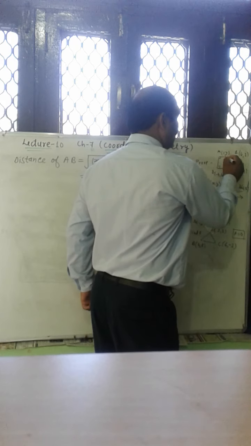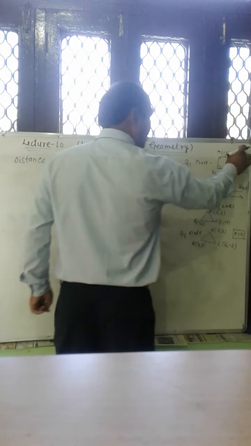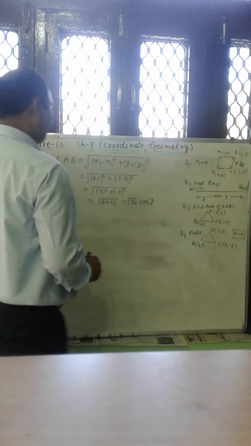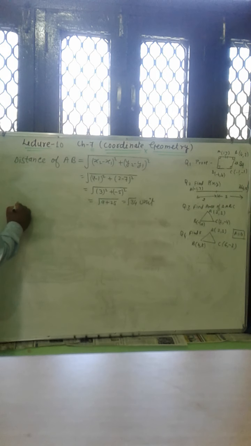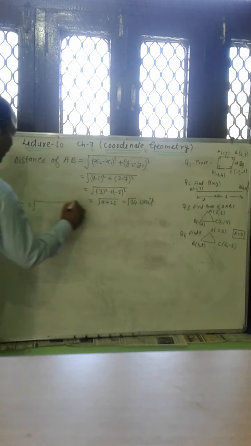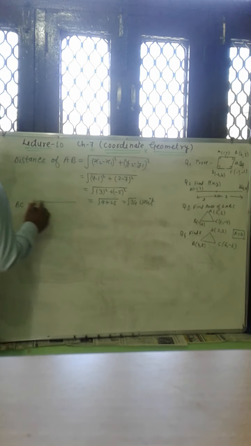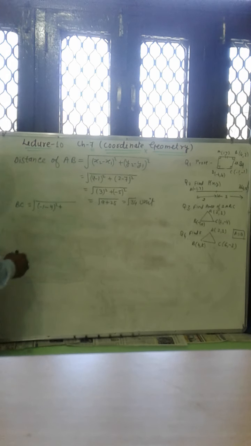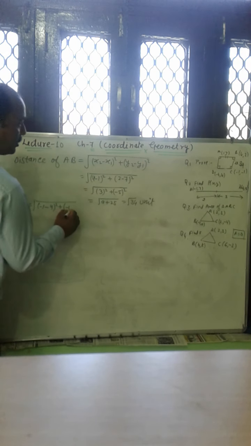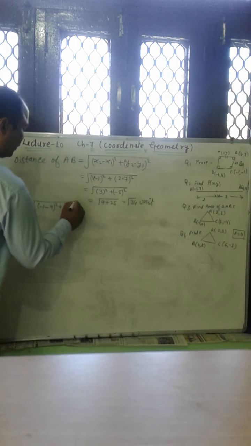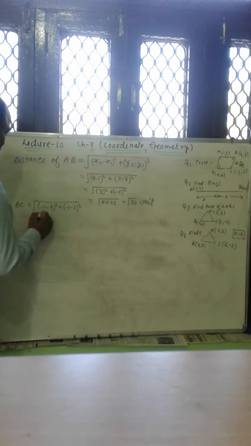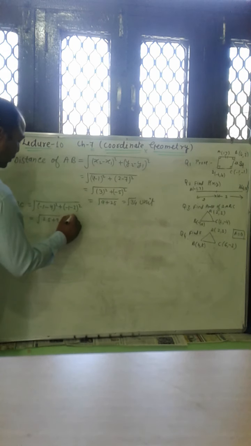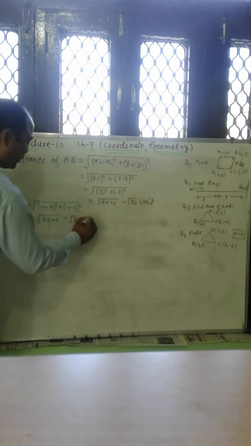Now using the distance formula for BC: BC equals root of (minus 1 minus 4) squared plus (minus 1 minus 2) squared, which is root of 25 plus 9. This is also root 34 units.